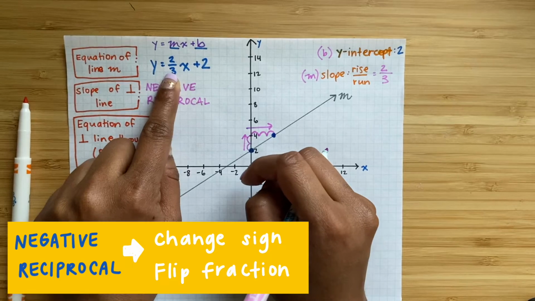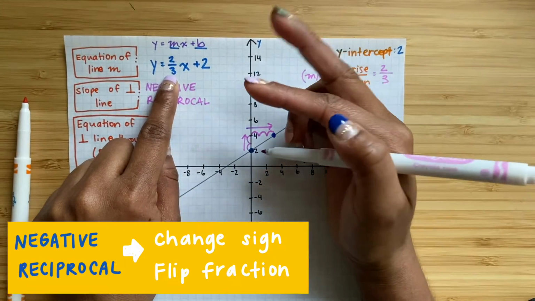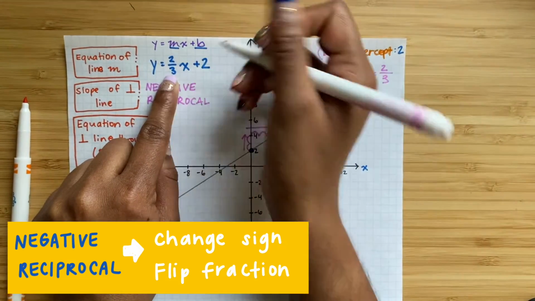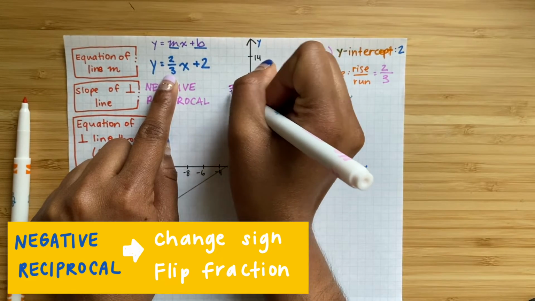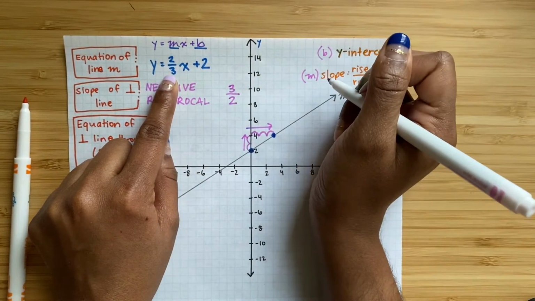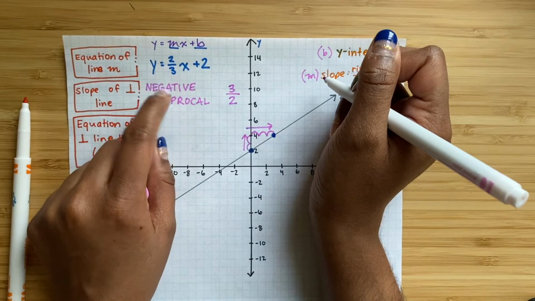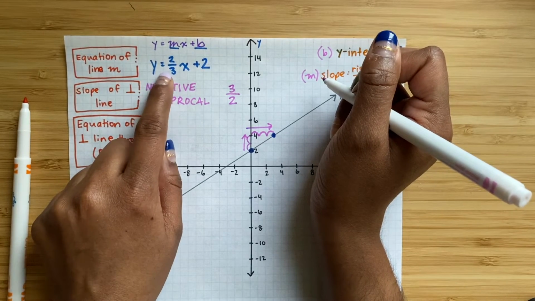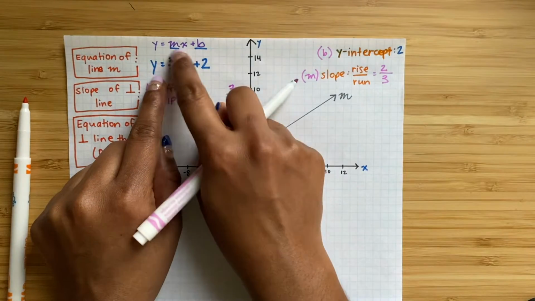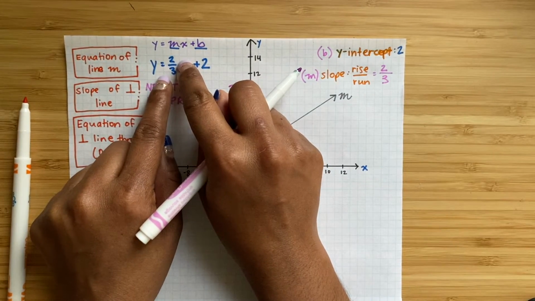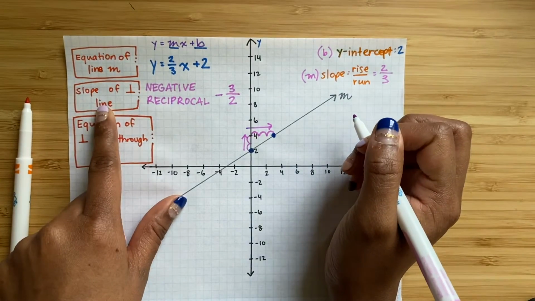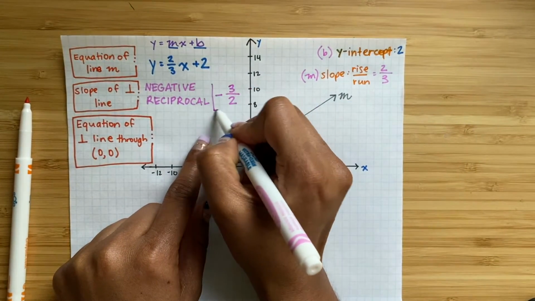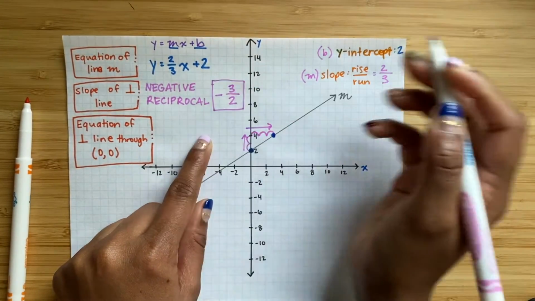One, you're going to take the original slope and flip the numerator and denominator of the fraction. So I'm going to flip the 2 and the 3 so that I have 3 on top and 2 on the bottom. And then the negative part just means I'm going to flip the sign. In this case, my slope was positive, so I'm going to make it negative. So the slope of a perpendicular line is going to be negative 3 over 2.